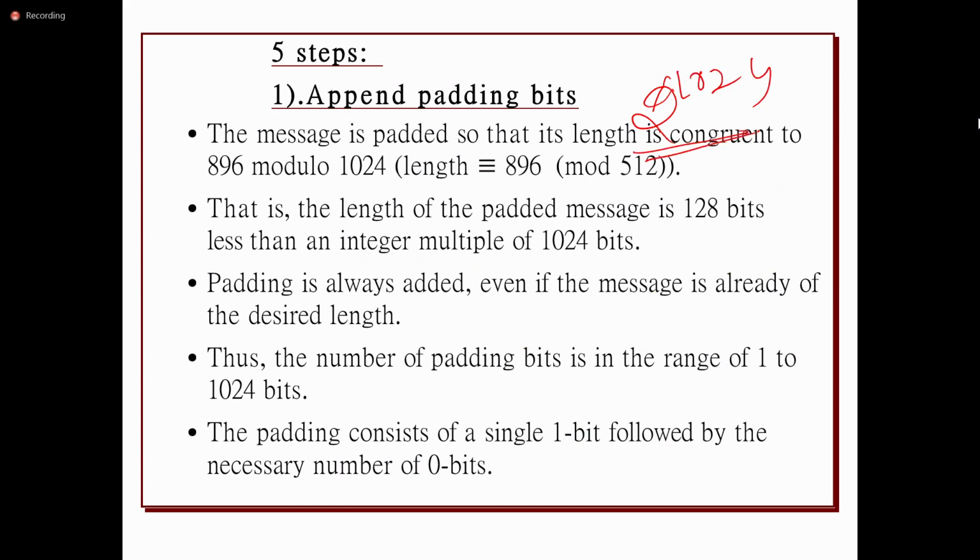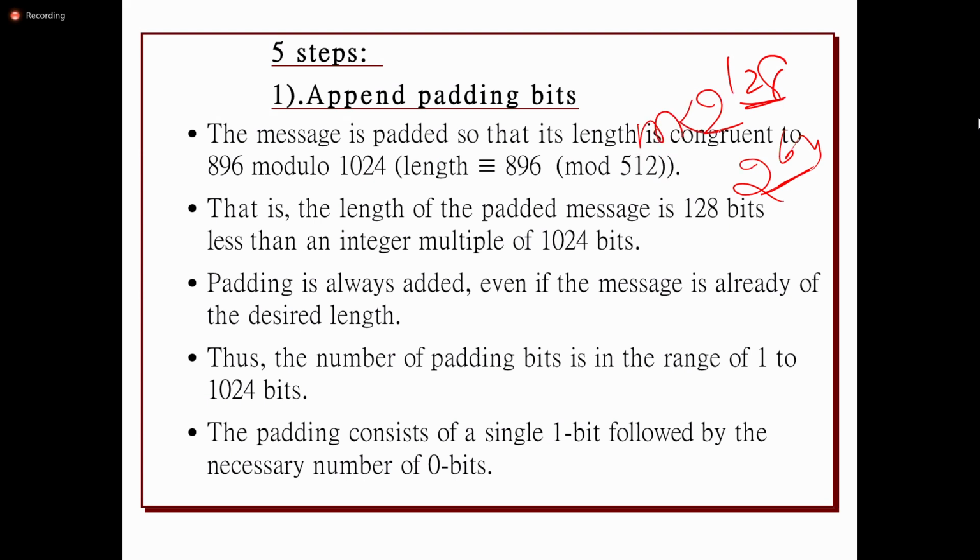Sorry, not 2 power 1024, 2 power 128. 2 power 128 is the length of the message, whereas in the SHA-1 algorithm it is 2 power 64. So the message is less than 2 power 128 bits.